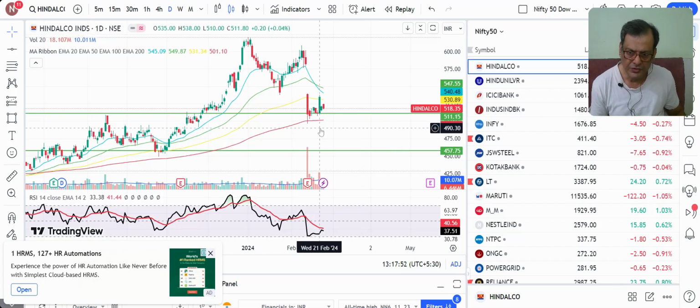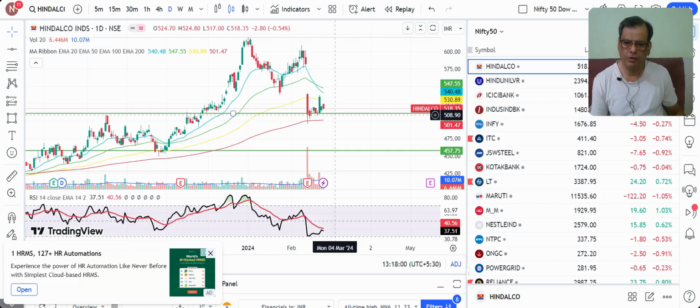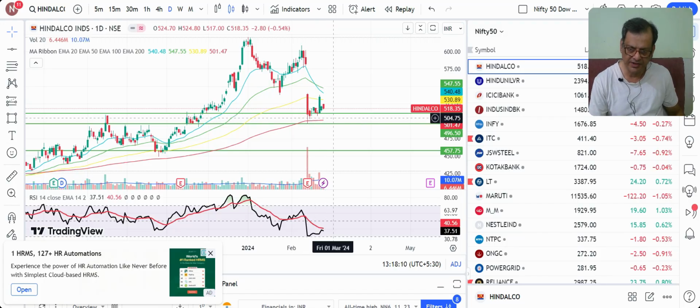If you see here, there are spikes here. There are spikes here. Price has gone below. So, you can even draw another horizontal line here to cover the entire support zone, because support is not just a single line. You can say it's an area.